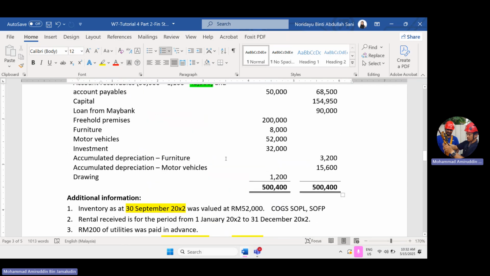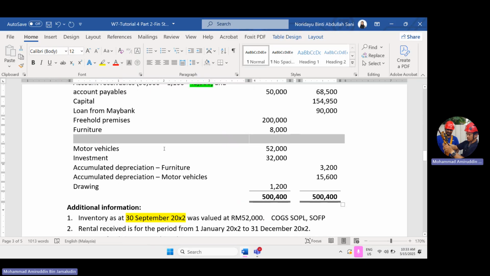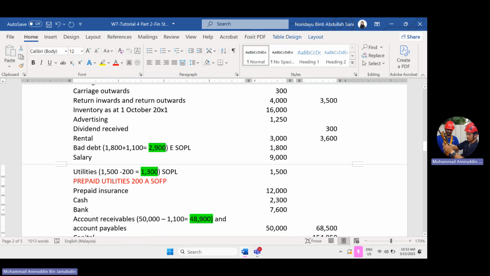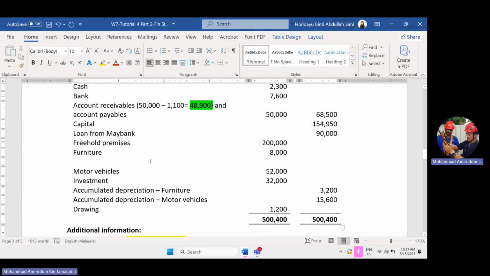Okay, so find your furniture. This is your cost. So we can compute the depreciation. But you check first whether the question provides depreciation expense or not. Here we don't have. Okay, so I can compute the depreciation expense for furniture.